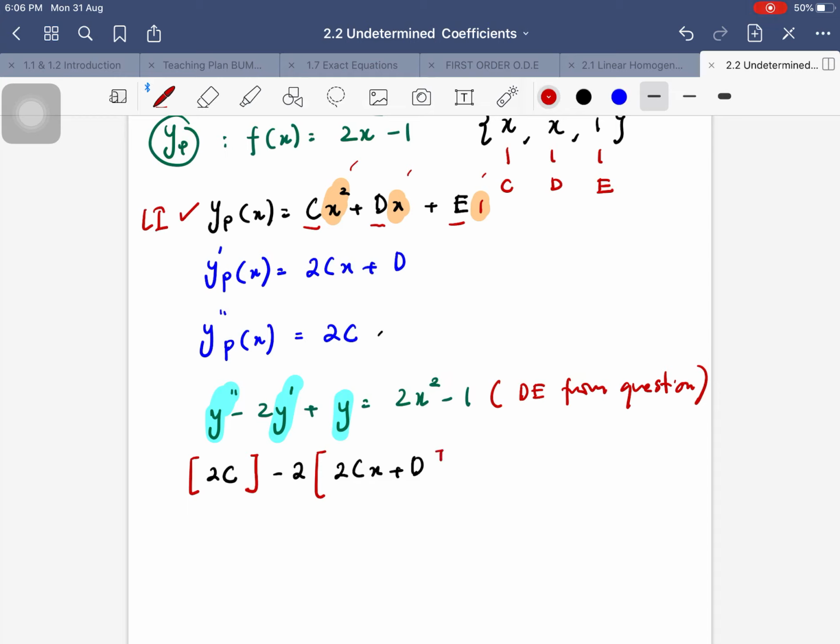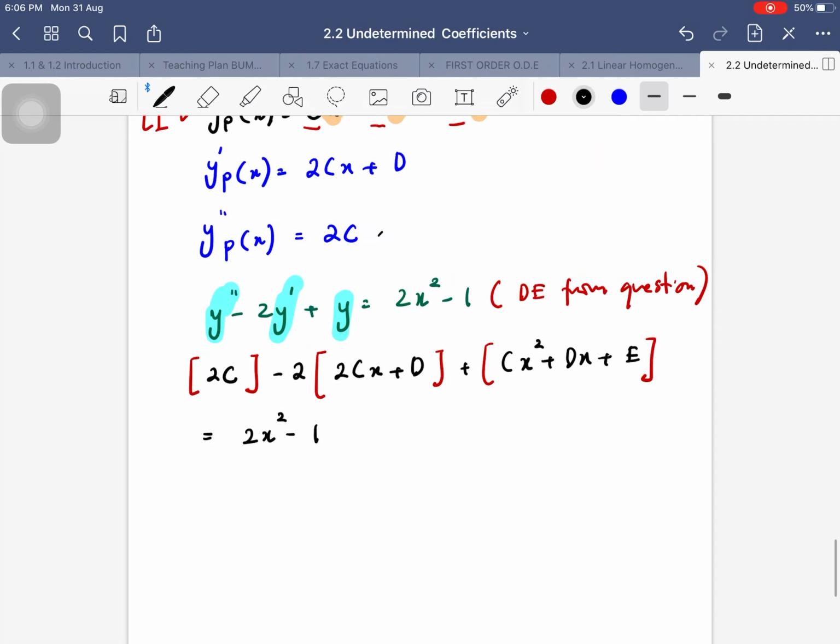And then I'm going to have plus y. And my y, according to what we have up here, is going to be given by cx squared plus dx plus e. And that is going to equal 2x squared minus 1.